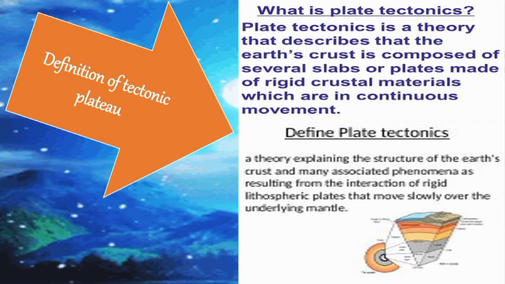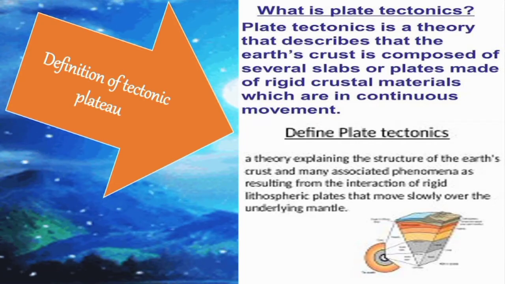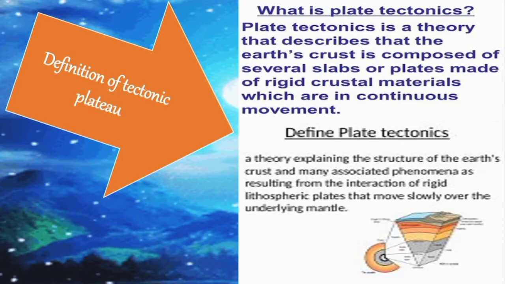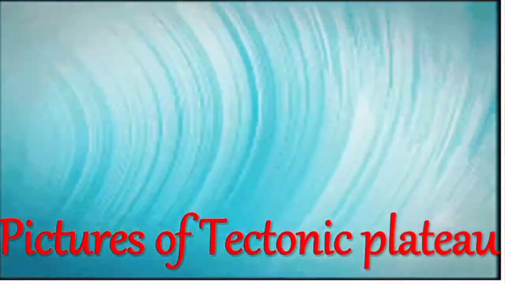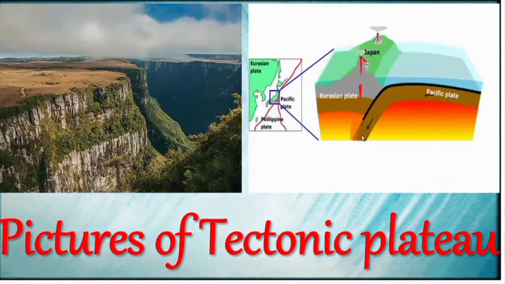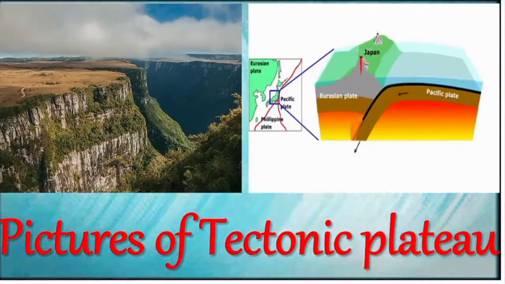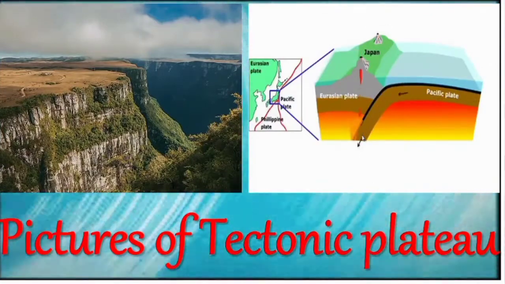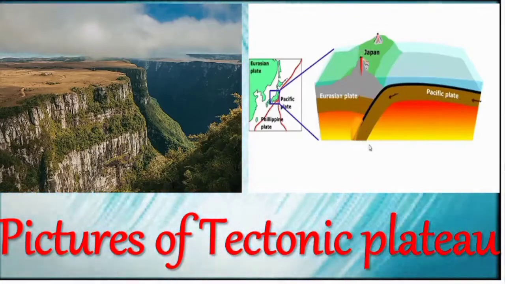We also have some other definitions of the tectonic plateau, as you can see on your screen. From there, we proceed to the pictures of the tectonic plateau. We can also have a clear view of what it looks like and how it is formed.